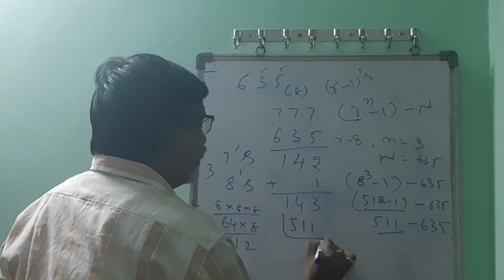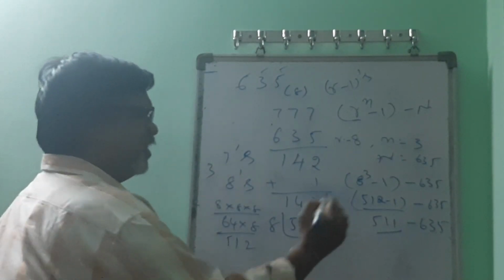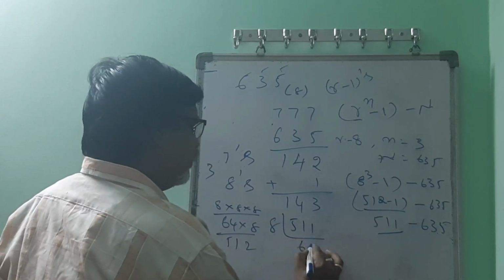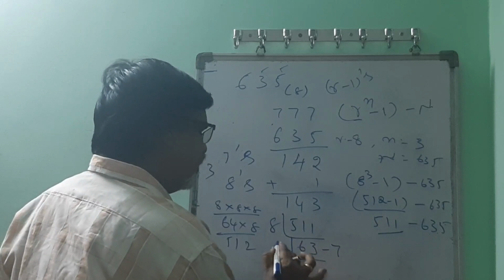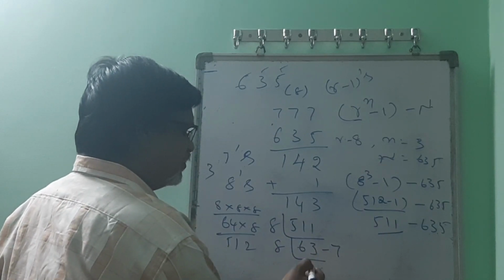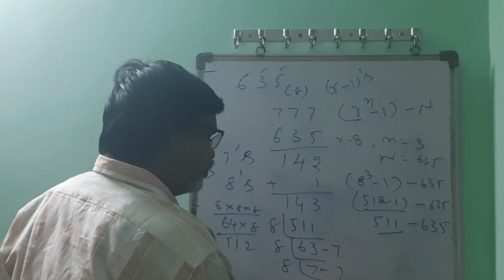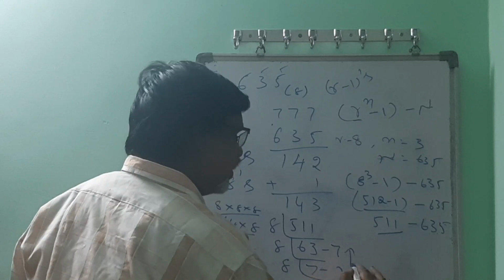So, converting this 511 to octal, you are going to do the division operation. 8 6s are 48, so 31, 8 3s are 24, so 7 will be the remainder. Then 8 7s are 56, 7 is the remainder here, 8 zeros, 7 is the remainder here, and by writing in the reverse order, the result you get is 7 7 7.